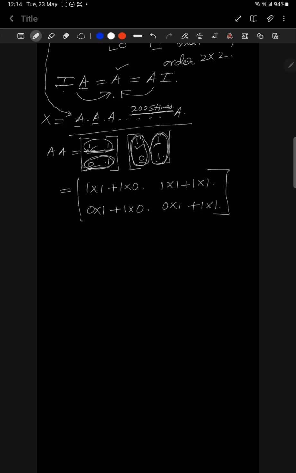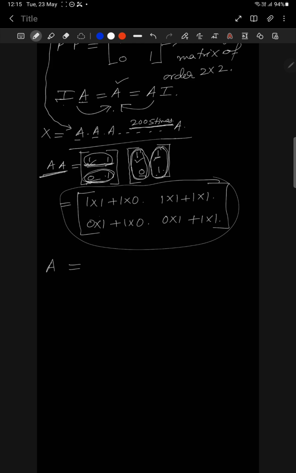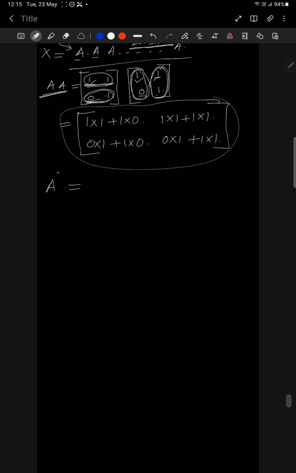So we are getting another matrix, that is a into a matrix multiplication is equal to this whole matrix. So let us see what is happening. A to the power 2, let me write. It will be equal to 1, this becomes 2, then this becomes 0 and this becomes 1.